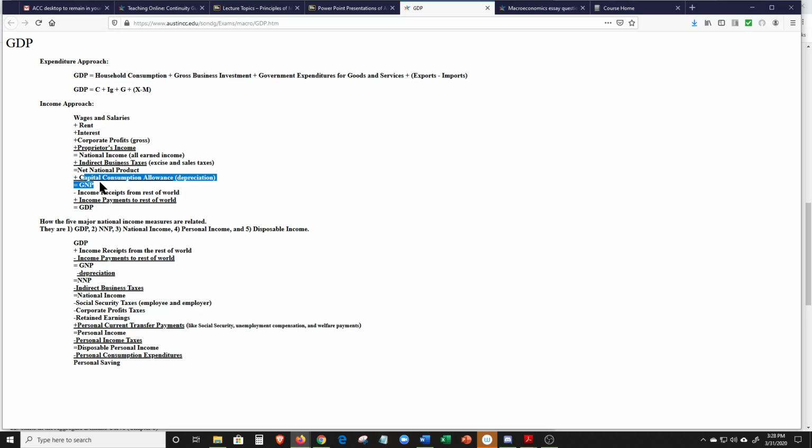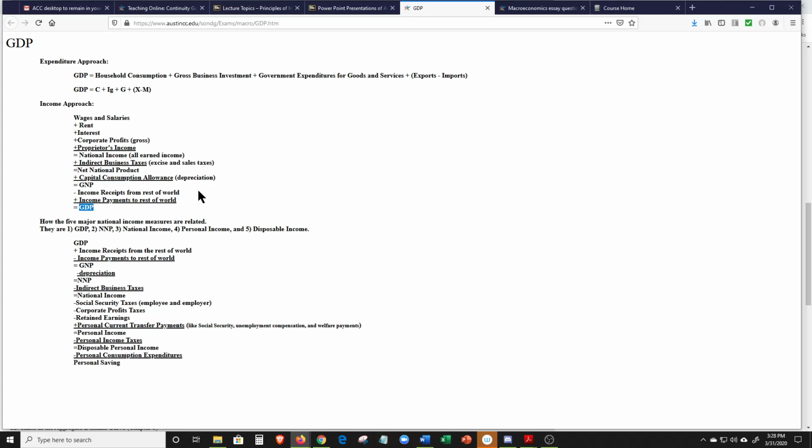To go from gross national product to gross domestic product, we need to subtract all the income that citizens of the United States earned from abroad, whether they be working there or whether they are earning profits or interest there. So those are subtracted.